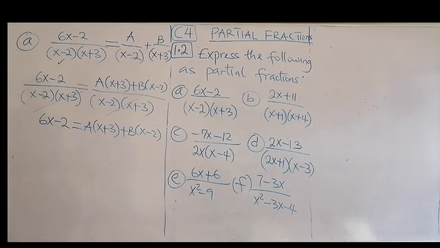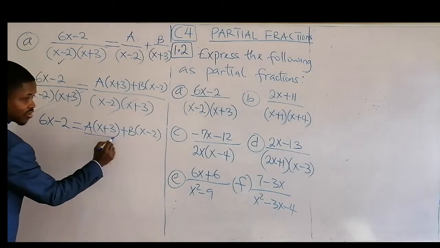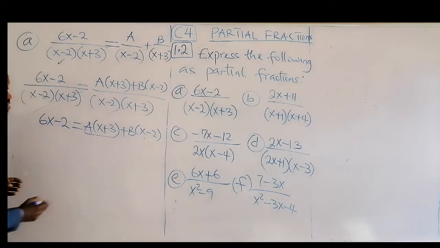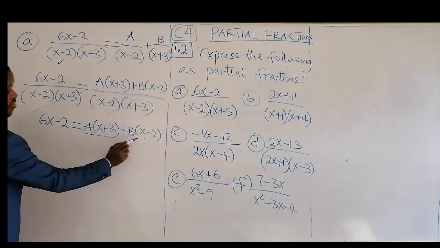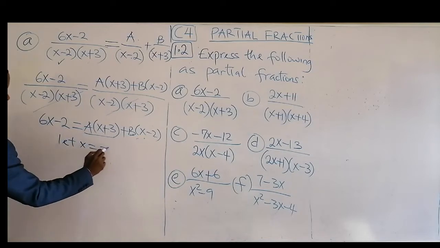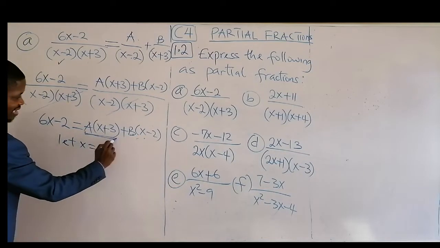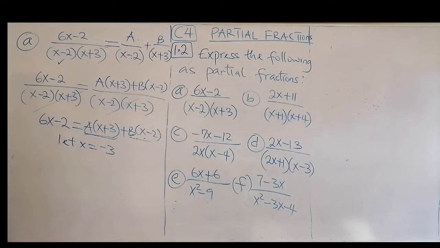Then the next thing to do is to use the substitution method, whereby I imagine a number so that one expression will cancel, and I can get the constant from the second expression. I can say let x be equal to minus 3, so that I can cancel this expression, then I can get the unknown from this part.